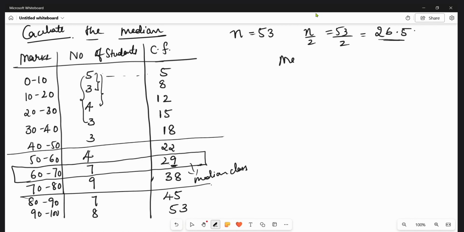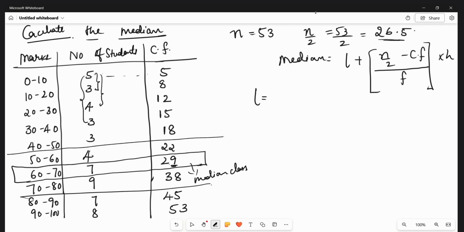So median is L plus (n by 2 minus CF) by F into H. Here L is the lower limit of the median class, so it is 60. N by 2 we know is 26.5.